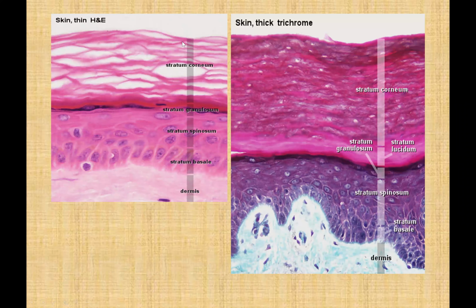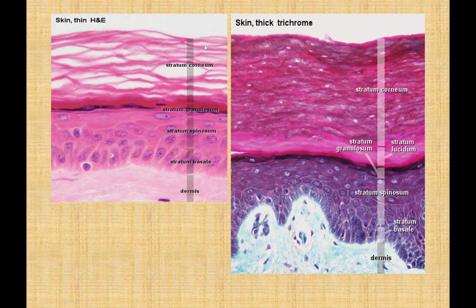When we look at thin skin, the very first part is the stratum corneum. From the top, all the way to down here, is the epidermis. And then the dermis starts here.